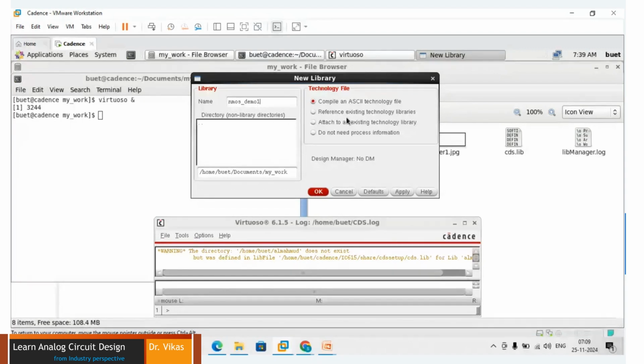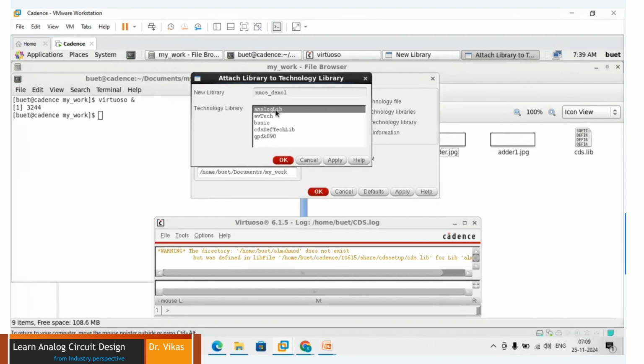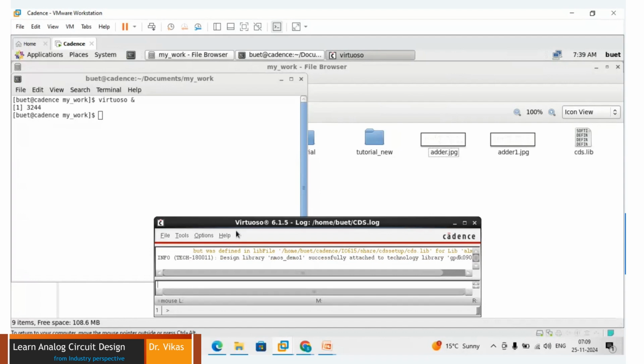I'm going to choose attach to an existing technology library, and say OK. When I do that, it will open up this option. GPDK90 is what you're supposed to choose, and say OK. That means the library you created has now been successfully attached to a particular technology node, GPDK90, that is, generic process development kit of 90 nanometer technology.